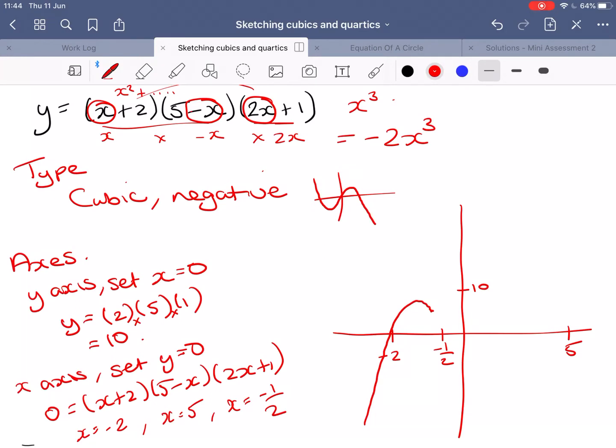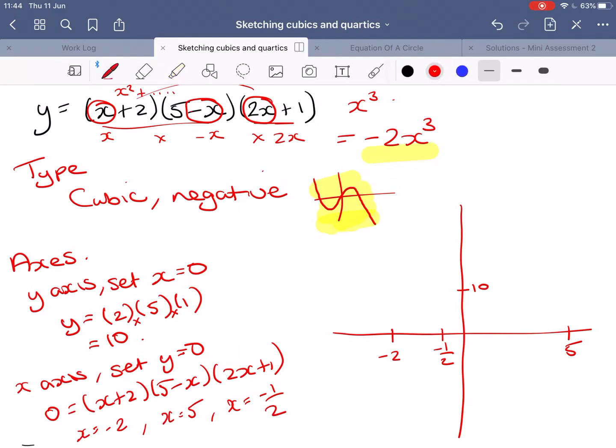down. Oh, I've made a mistake somewhere. So let's have a look. Oh no, sorry. My mistake was it's a negative cubic, because I've just totally taught myself out of the wrong thing. I just said the wrong thing. It's a negative cubic, which is why it looks like this. I do apologise. So it starts in the top left.